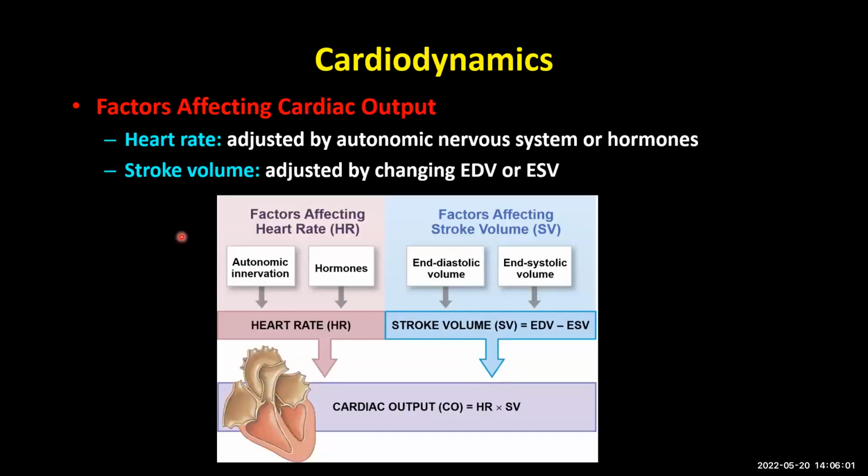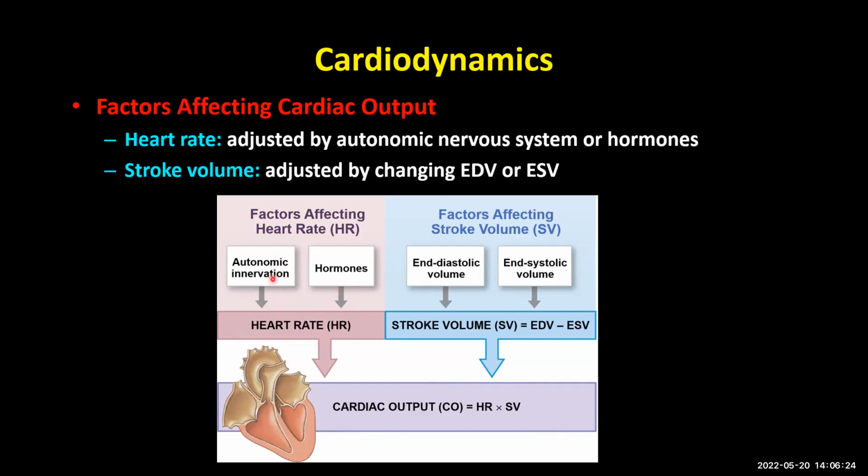So, factors that are affecting the cardiac output. Look at this formula, the same formula that we had in the previous slide: heart rate multiplied by stroke volume. What factors are affecting the heart rate? One is the autonomic nervous system, which is the sympathetic and parasympathetic system, right? The second one is the hormones.